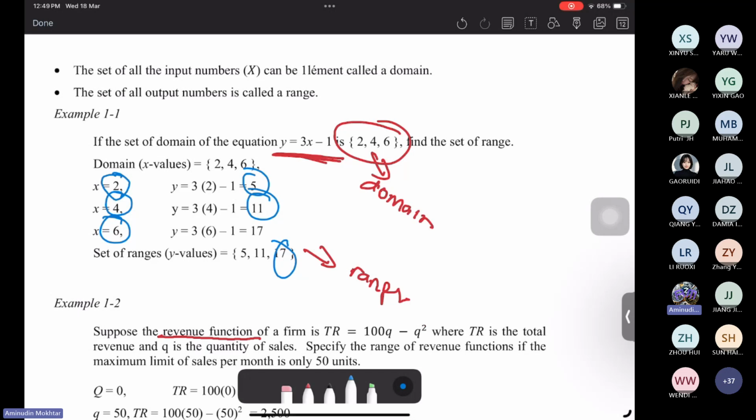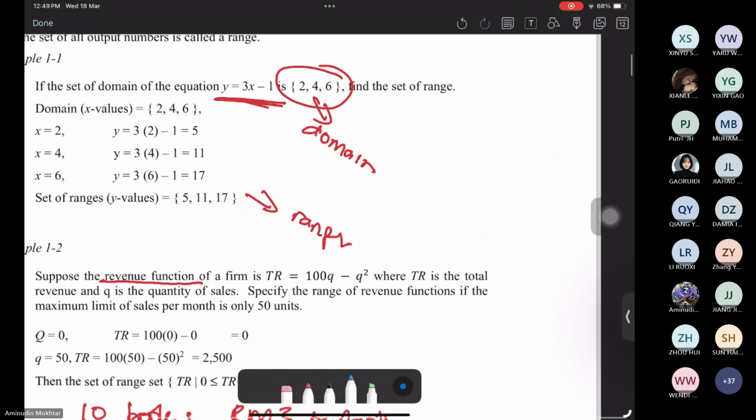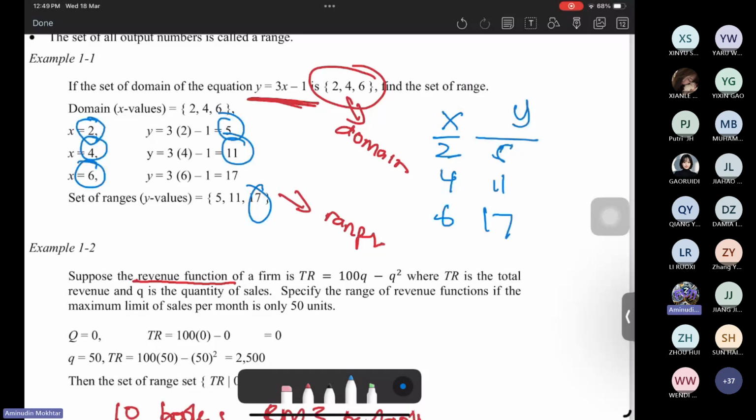For this function, we have six numbers. For x, we have 2, 4, 6. For y, we have 5, 11, and 70. So in this connection between x and y, when x equals 2, y equals 5.